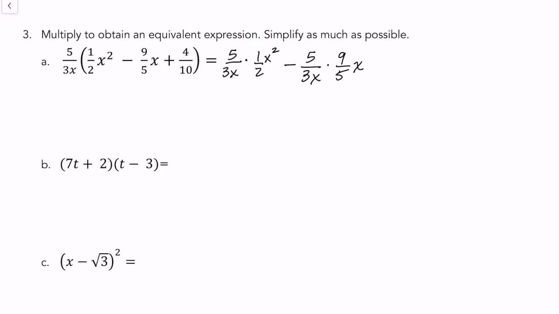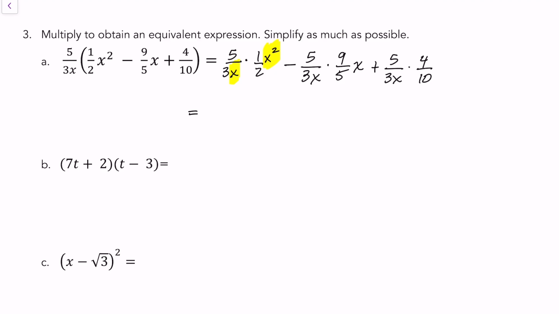Then plus, because we have a plus sign over here, 5 divided by 3x times 4 divided by 10. Now this simplifies a little bit more because, for example, we have an x squared here and an x here that can cancel each other.